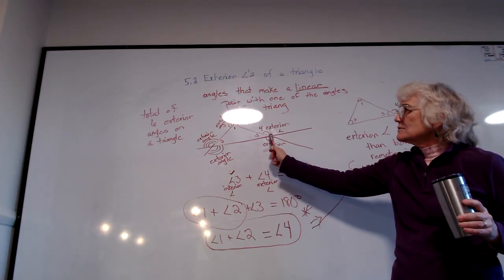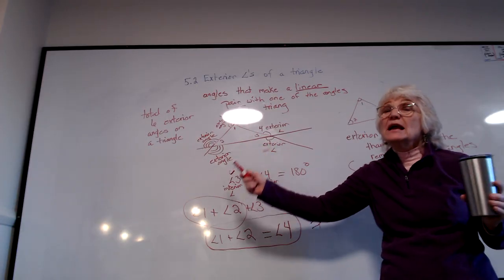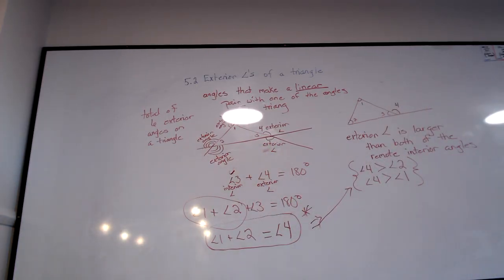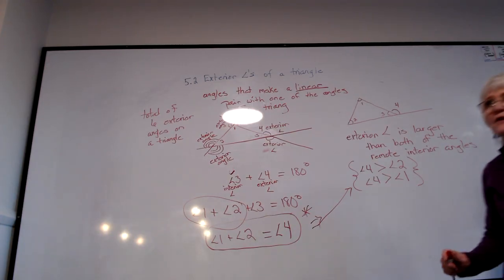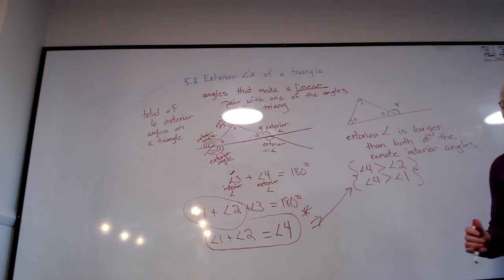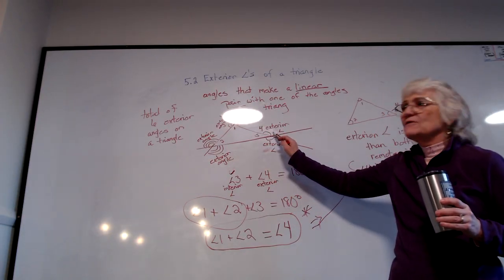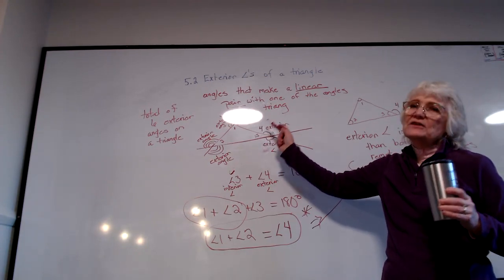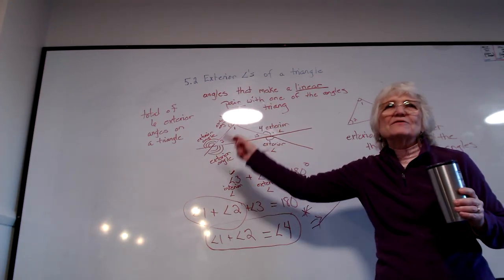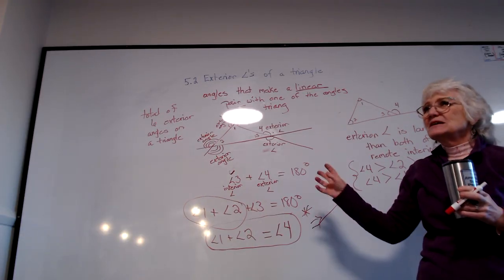Now, we can't figure out exactly what 1 and 2 are, but at least we can figure out that they're going to equal that exterior angle. So that kind of gives us some information. Or if you're given 1 and 2, you can actually tell what this is, which you can also get from doing the sum of the triangles. So those are some things to look at.